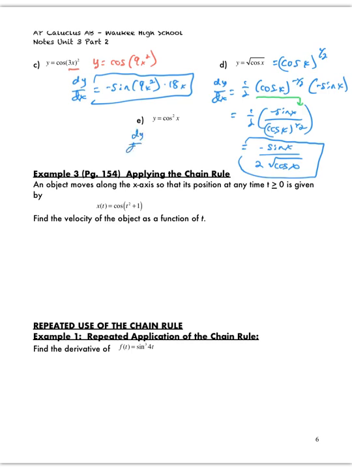So dy over dx is going to be 2 times the cosine of x. And you notice we lowered the power on that to be 1, so it really doesn't make any difference if you write that there or not. But what does make a difference is you need to multiply by the derivative of the cosine, which is the opposite of the sine.